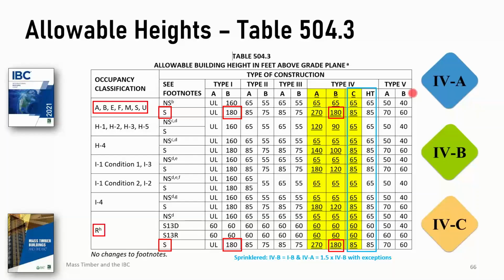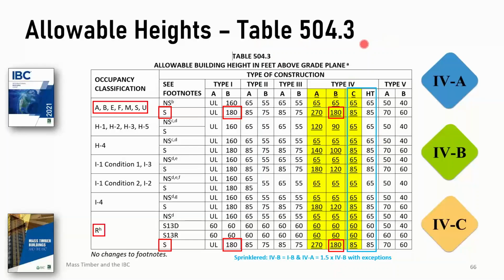That is, if you're currently on the 2015 or later IBC. And so it looks like this. The new tables in Chapter 5, you use the same formulas that you did before and plug and chug. You go in and find your limits for height and feet above grade for your new construction types. These are new columns in Table 504.3.